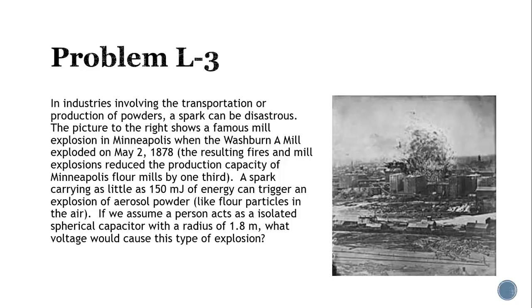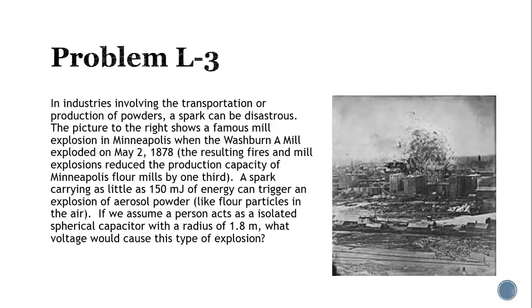It's actually more explosive than natural gas when in a contained building like this. This explosion was felt in downtown St. Paul, which is 15 to 20 miles away, and reduced the capacity of Minneapolis's flour milling district by 1/3. It's worth pointing out that in 1878, Minneapolis was the largest flour milling town in the world by a fairly substantial margin. That would be true all the way until the 1950s.